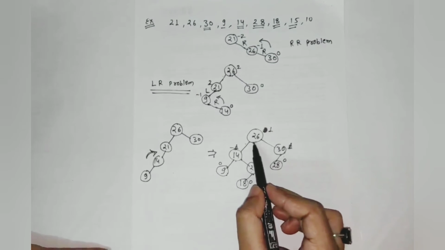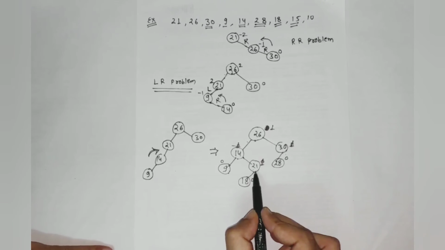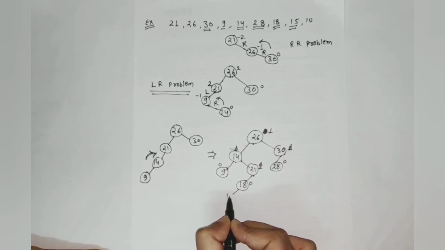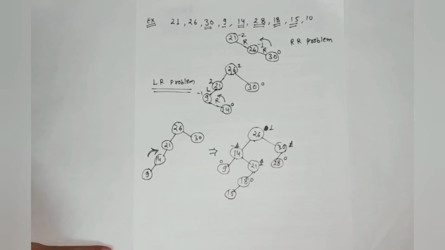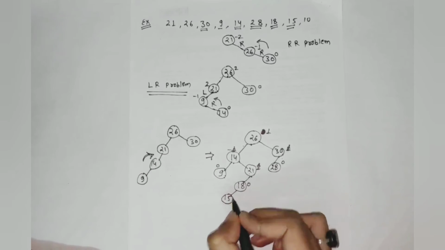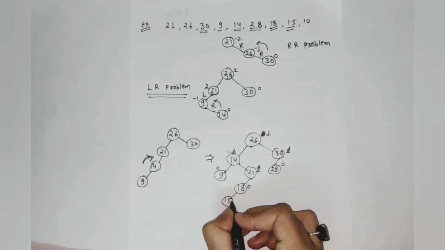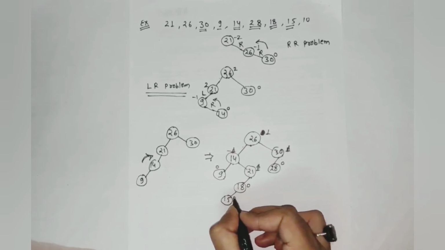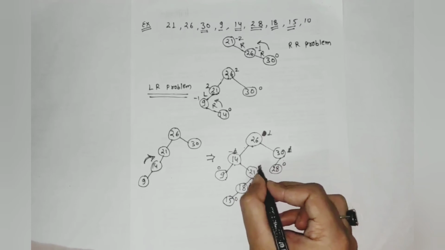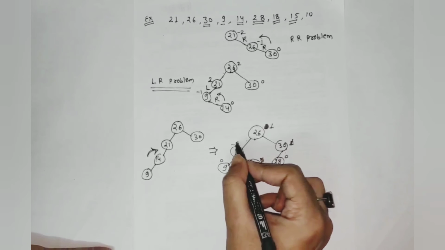So 15 is less than 26, greater than 14, less than 21 and less than 18. So 15 will come here. Now again we will check the balance factor. We will start the balance factor from the leaf node always, as we have been doing already. So 0, it is 1, and for this node it will be 2, and for this node 1 2 3, so it will be minus 2.